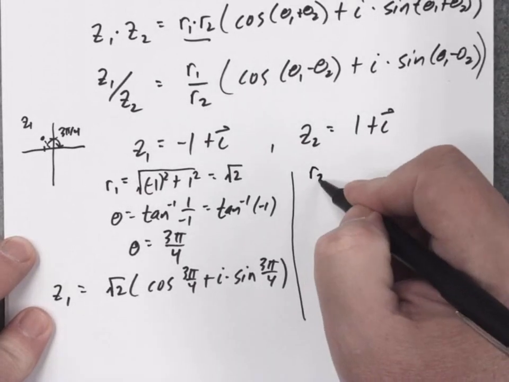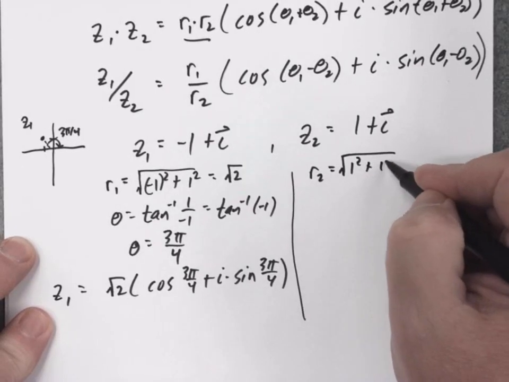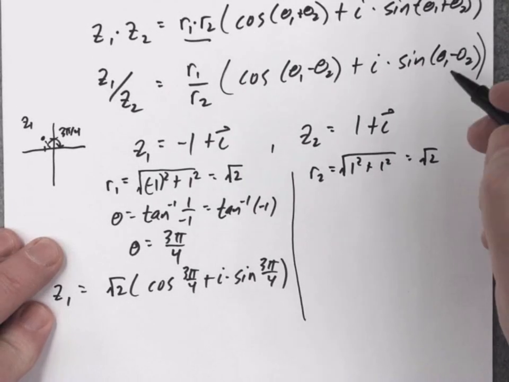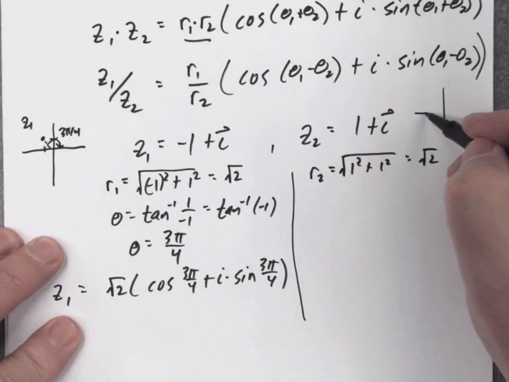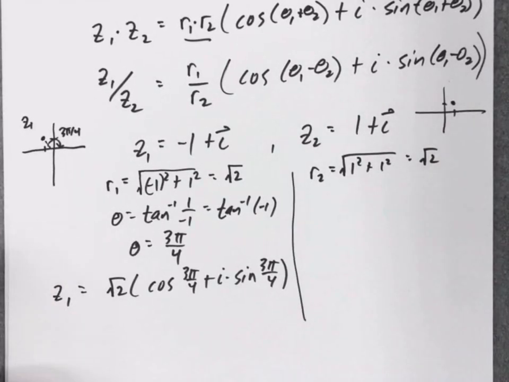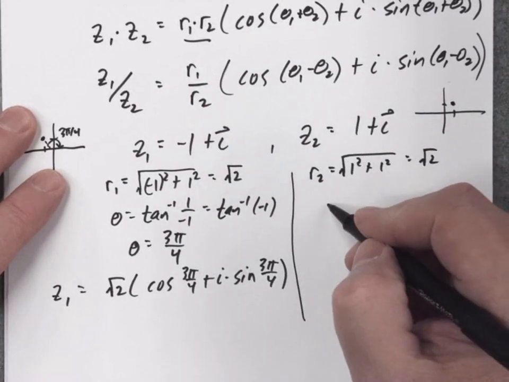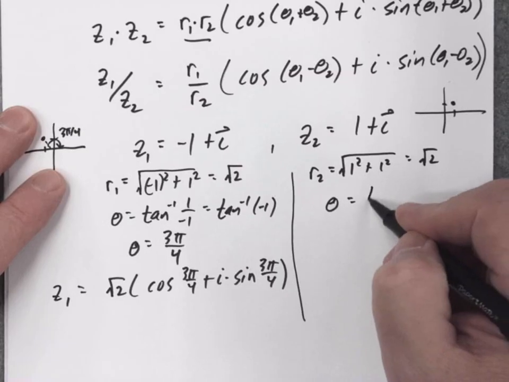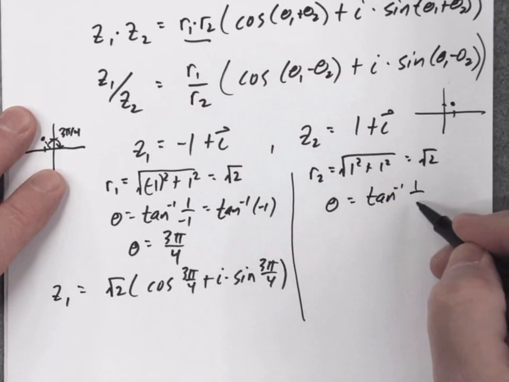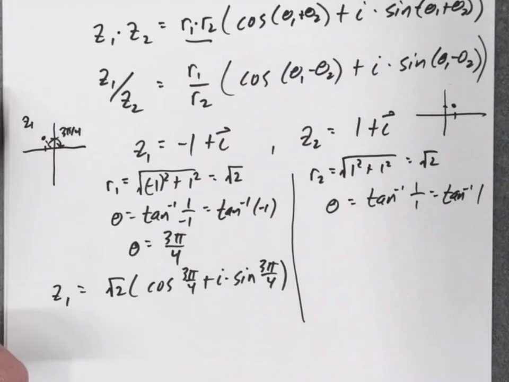So the r, 1 squared plus 1 squared, it's also square root of 2. Now this one, if I plot that complex number, I'm in quadrant 1. So when I go find my angle, so y over x, inverse tangent of 1.